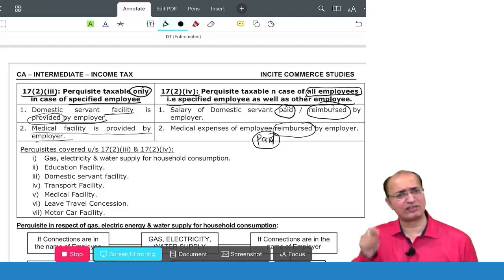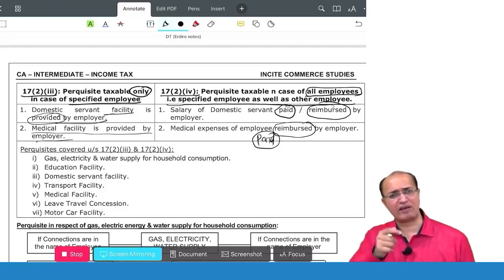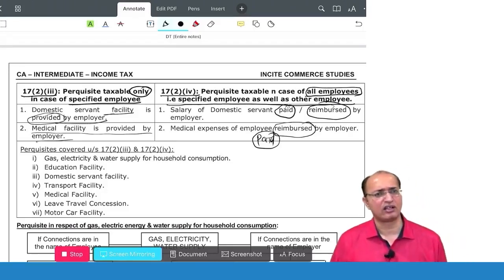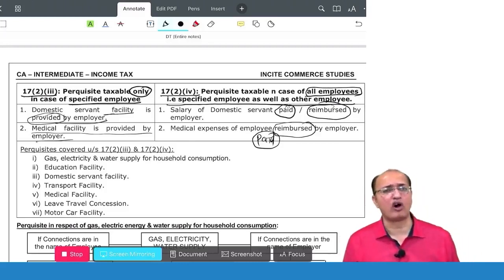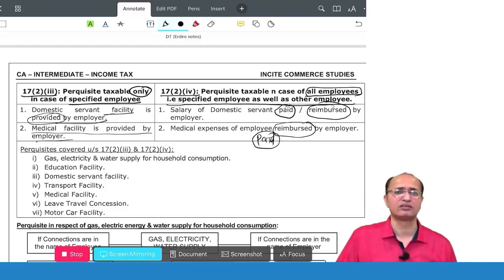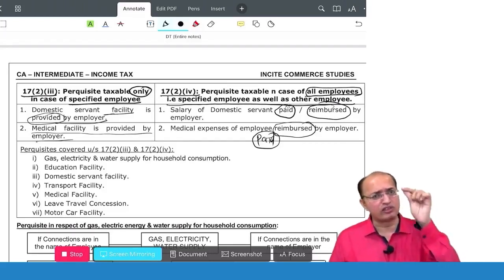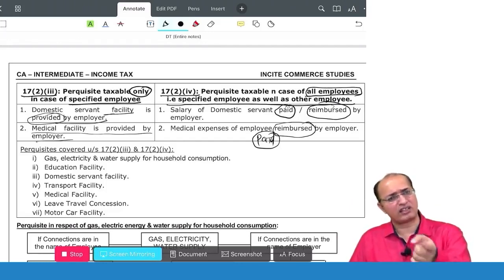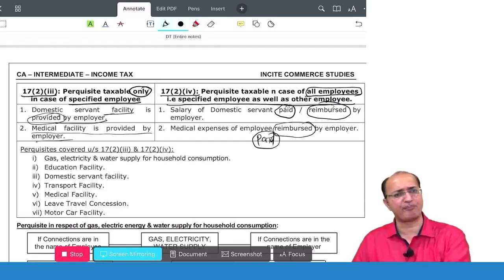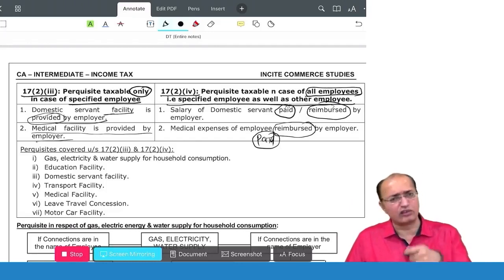The employee is residing in his own house. He is having an electricity connection. At the end of every month, he would receive the bill. It is whose obligation to pay that bill? On the bill, whose name will be written? The employee's name will be written, because that connection is in the name of the employee.